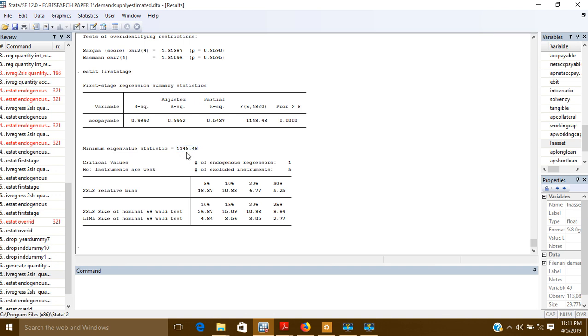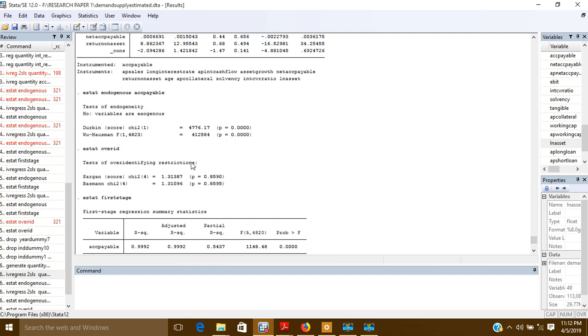If your value for the minimum eigenvalue statistic is low, you cannot reject the null hypothesis. So here the value is 1148 and it is very high. It means that we can reject the null hypothesis that instruments are weak. So the null hypothesis is rejected and our instruments are strong enough.